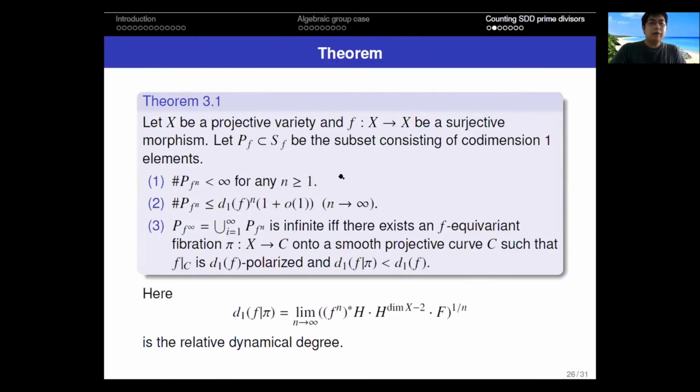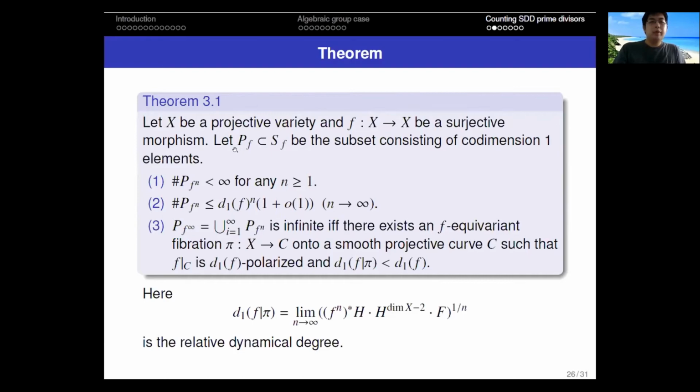Finally, we consider the general case, but we count the elements of S_F with codimension 1. Let X be a projective variety, and F a surjective morphism from X to itself.